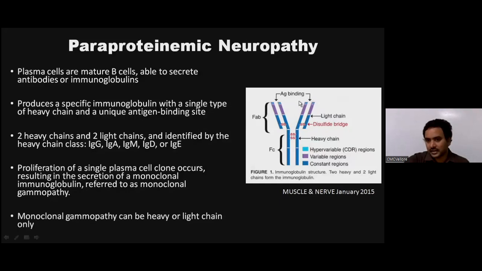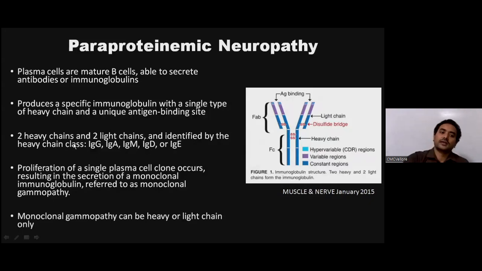The antigen binding site has hypervariable regions, also known as the complementarity determining region. This is the site where it attaches to the antigen, so it changes according to the presenting antigens. The remaining part is fairly constant, so those are known as constant regions.